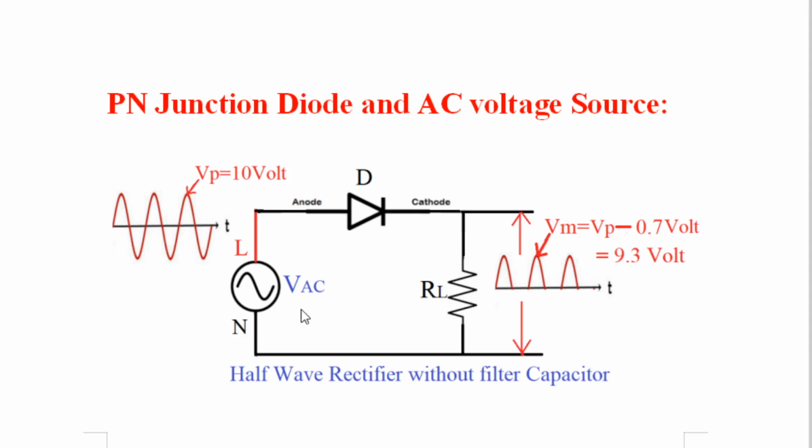But remember, this is an AC voltage source. Therefore, after the positive half cycle, the negative half cycle will also continue, and the negative peak will be minus 10 volt.